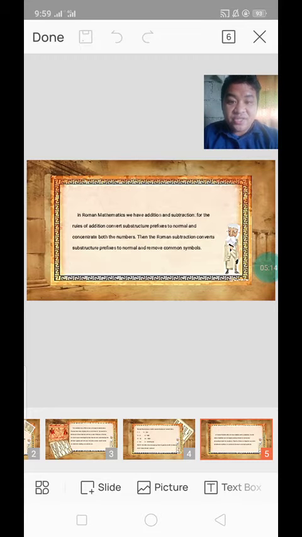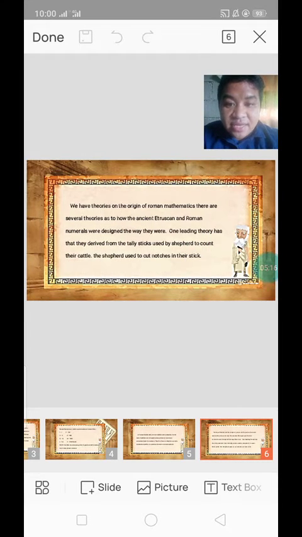Then later on, we have a theory of the origin of Roman numerals. There are several theories as to how the ancient Etruscan and Roman numerals were designed. One leading theory is that they derived from the tally sticks used by shepherds to count their cattle.